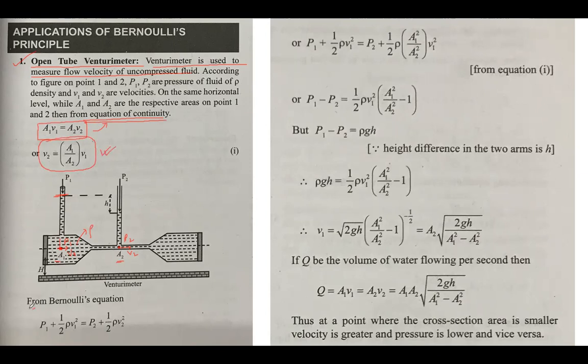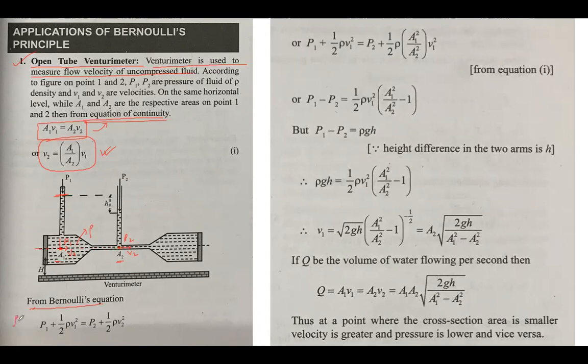Now from Bernoulli's equation, because they are at the same horizontal level, there is no potential energy component here. So you will only find pressure energy and kinetic energy. P1 plus half rho V1 square is equal to P2 plus half rho V2 square.